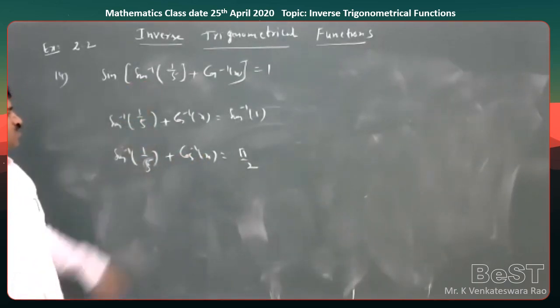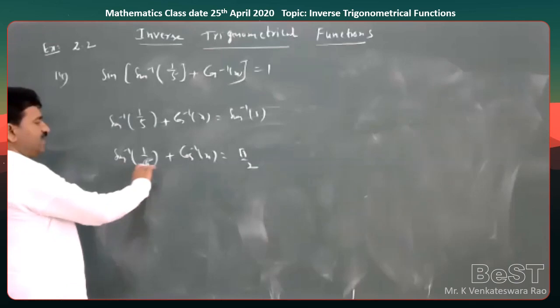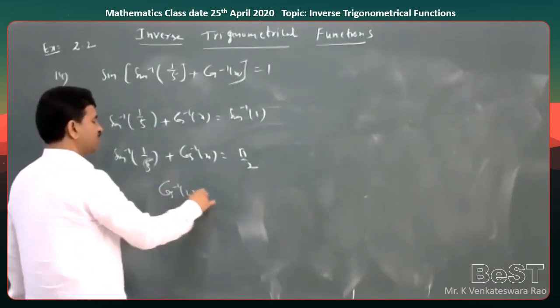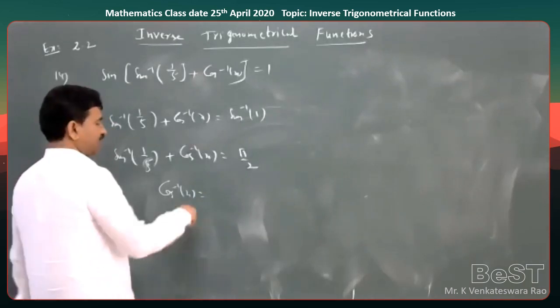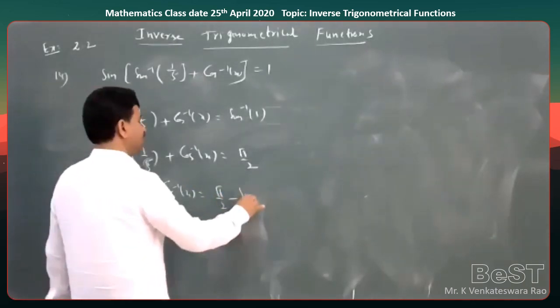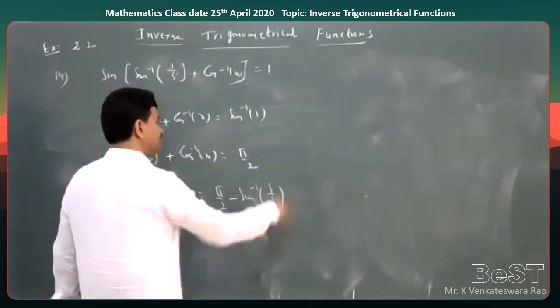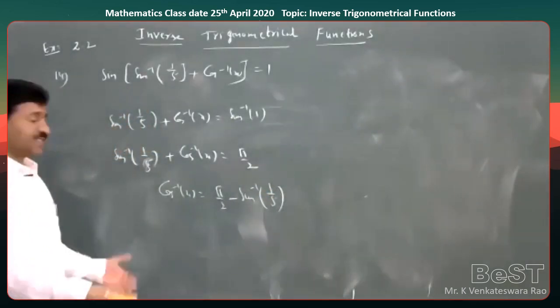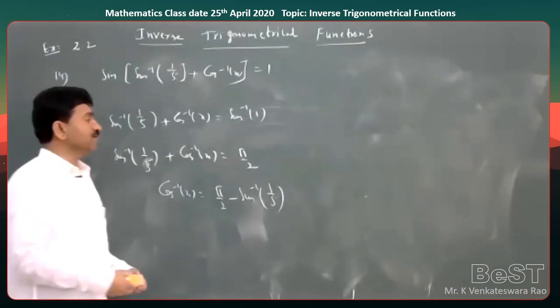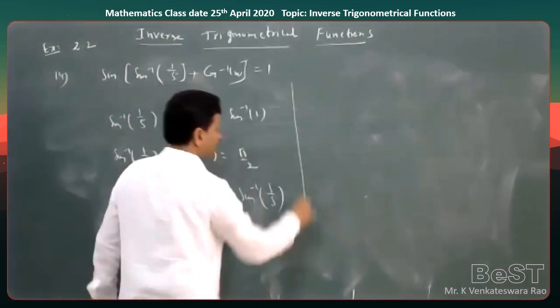If it is a 2 marks problem, sending this sine inverse of 1 by 5 to the right side, cos inverse of x is equal to pi by 2 minus sine inverse of 1 by 5. Sending the cos inverse to the right side, it becomes cos. We require the x value.